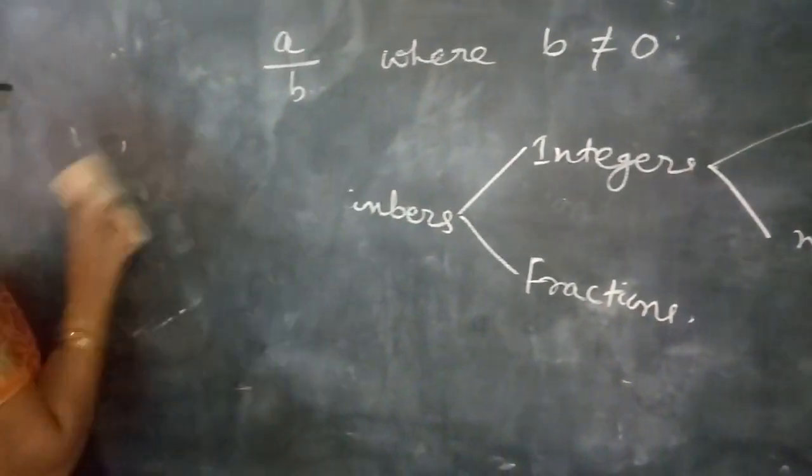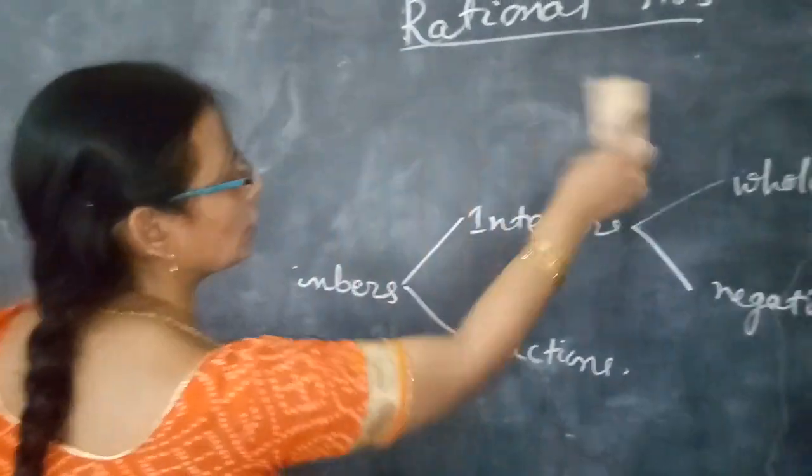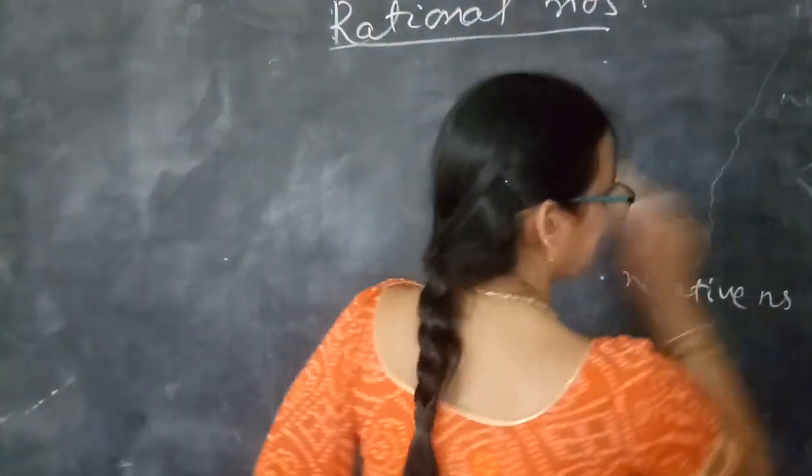So, rational numbers can be written in 4 different forms.